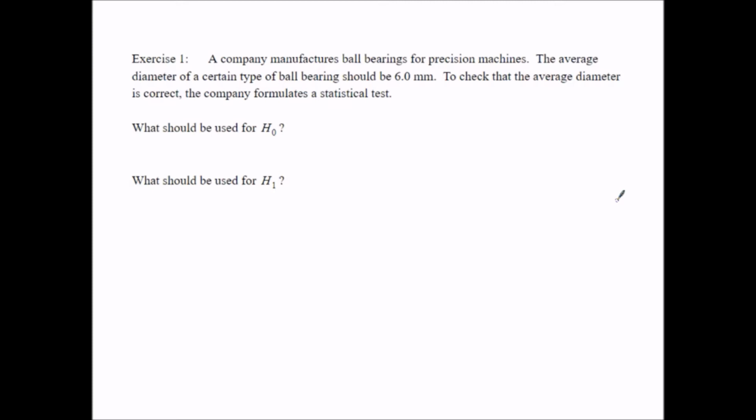In this one, it's talking about ball bearings being manufactured for other places that need them. It says that the average diameter of a certain type of ball bearing should be 6.0 millimeters. So that's going to be our null hypothesis, that the average, mu, is 6.0 millimeters.